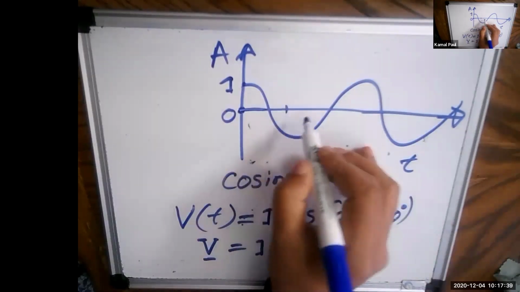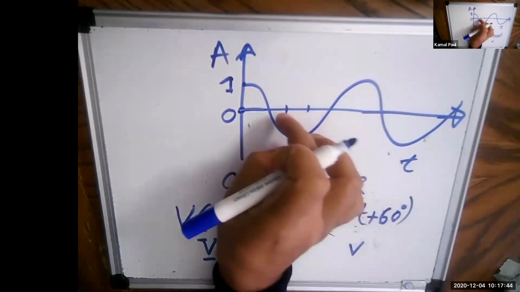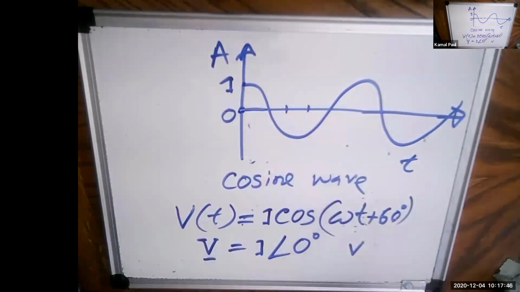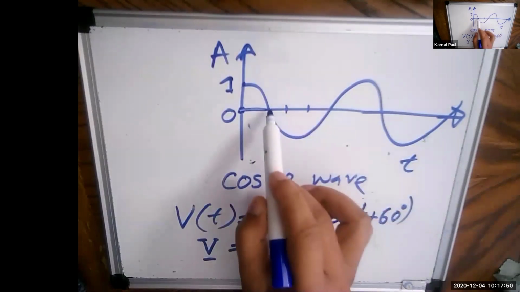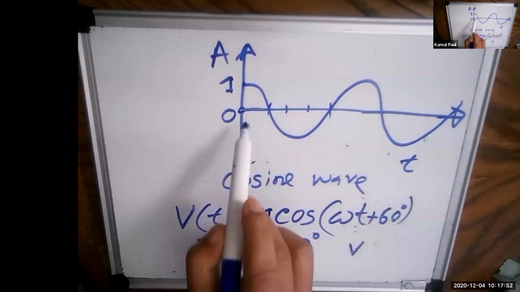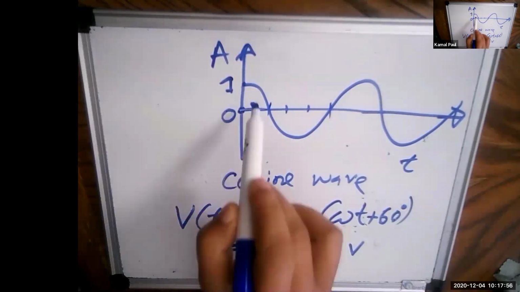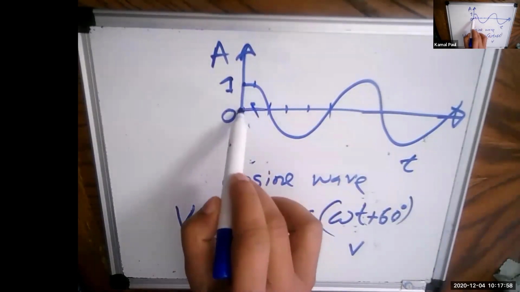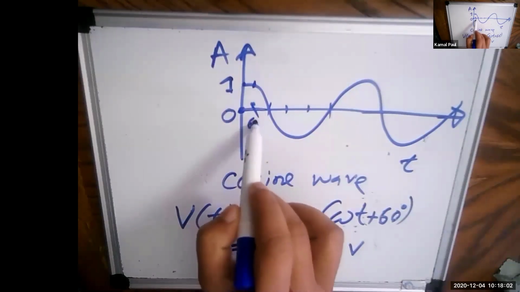So this is 120 degree. This portion we call 180 degree. Like 60, 60, 60, right? 360 is 180 degree. So instead of starting from this point 0, it's starting from somewhere here, and this point is the 60 degree point.